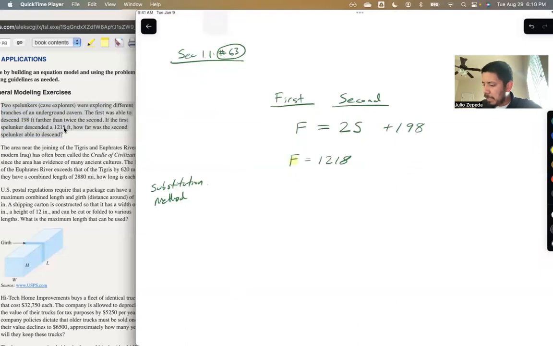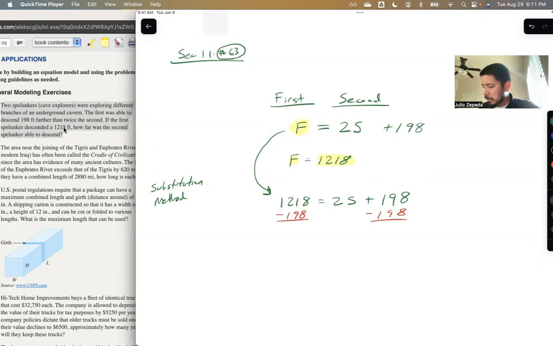And substitution method basically just means substitute. So F can be replaced by 1,218. So this F up here, I'm going to replace by 1,218, and I'll write that down below. So 1,218 is equal to 2S plus 198. And now notice once I use the substitution, I now have an equation in a single variable, and I can solve for S. S, remember, is the distance that the second spelunker descended.